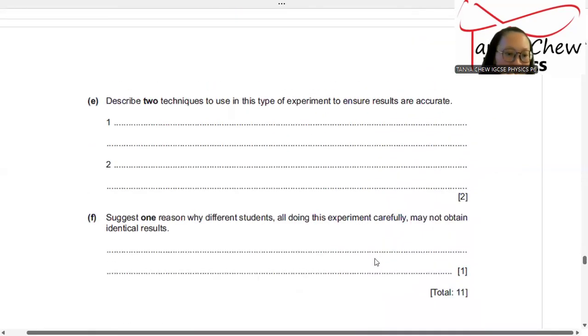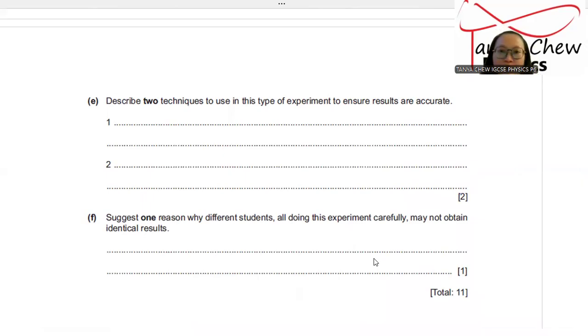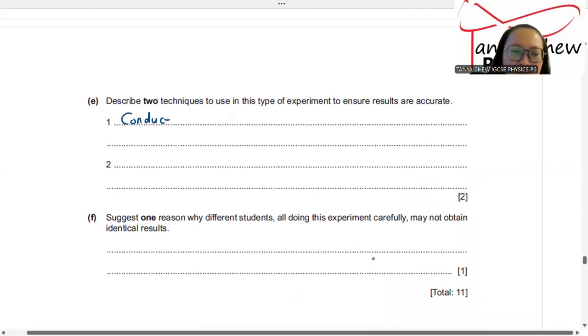Now, describe two techniques to use in this type of experiment to ensure that your results are accurate. So what are the two techniques? First one, when this is about refraction of light, just say conduct experiment in a dark room.